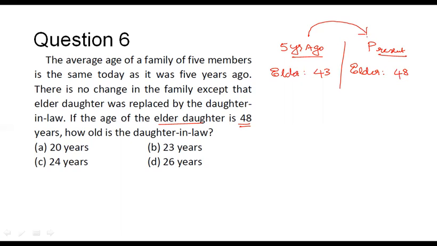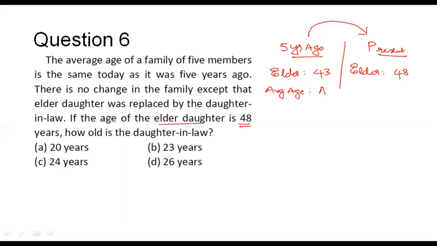All right. Now, in the question, it is also indicated that the average age of a family of 5 members is the same today as it was 5 years ago. So let us consider the average age 5 years ago.